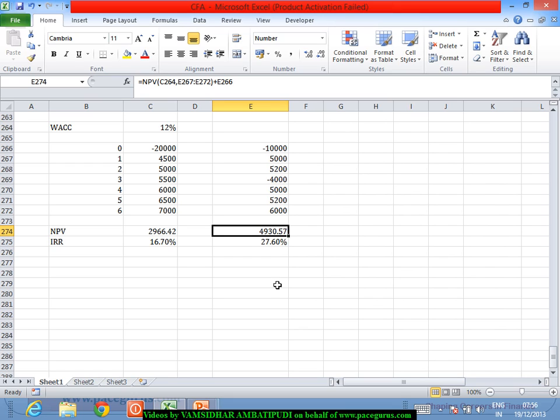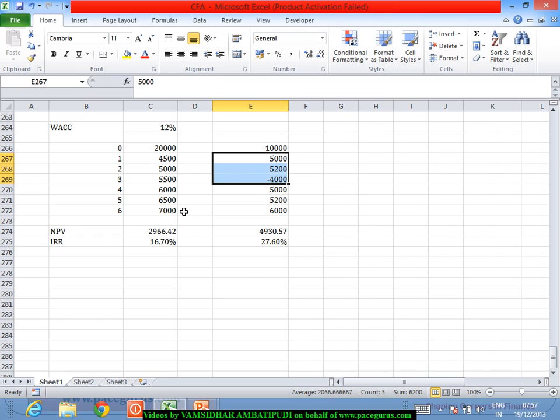So especially when I am dealing with 2 different equipments or 2 different purchases which have different useful lives, there is the replacement chain analysis mechanism, wherein I extend the time periods of both the equipments such that the useful life is equal to their least common multiple, and I repeat the purchase of that equipment that many number of times with similar cash flows over the entire period.